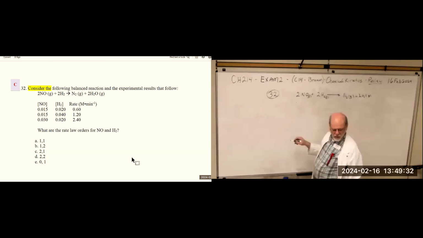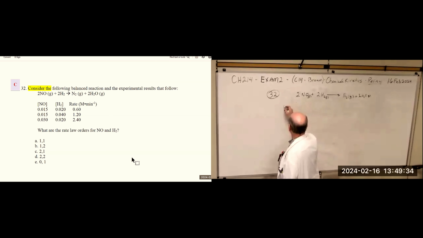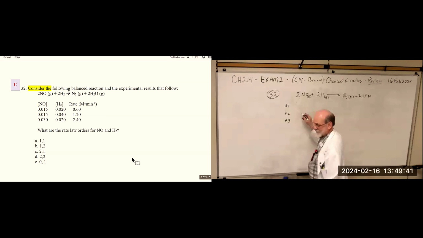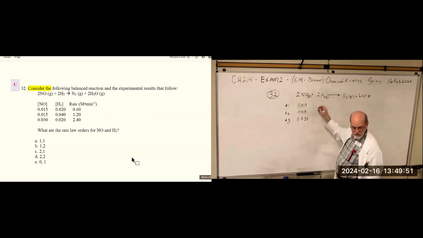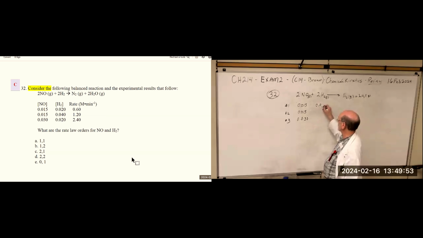Okay, experiment 1, number 2 and number 3. So the first one is 0.015, 0.015, and then the third one is 0.030. And then the hydrogen concentration is 0.020, 0.040, and 0.020.